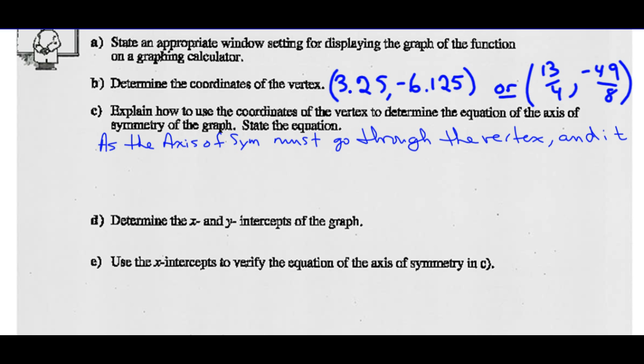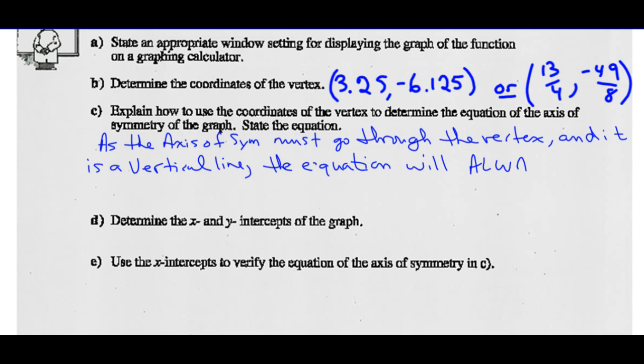And it is a vertical line. The equation will always be x equals, and this point will be the x coordinate of the vertex.